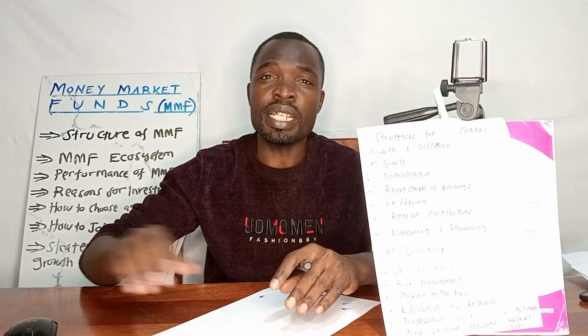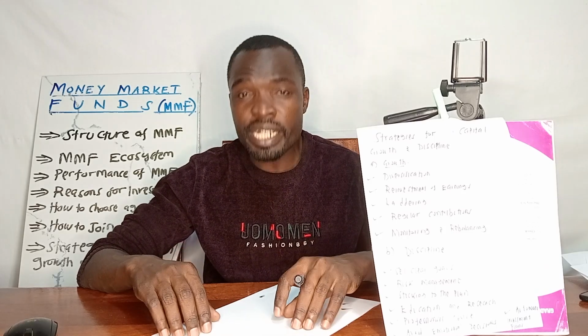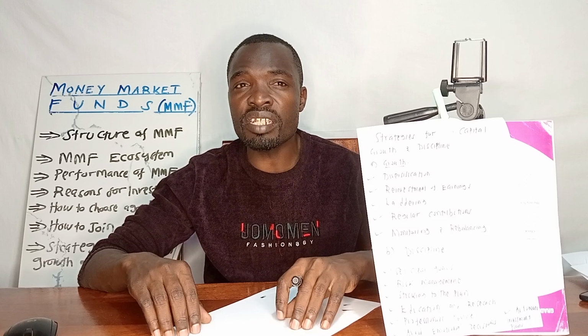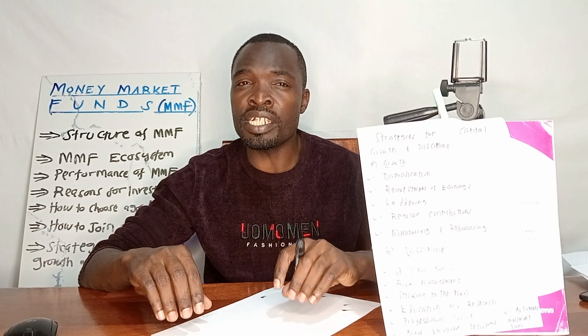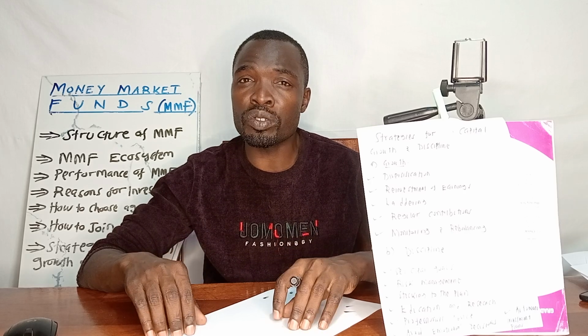Strategy number three is known as laddering. Laddering strategy helps to manage interest rate risk and ensures liquidity at regular intervals.